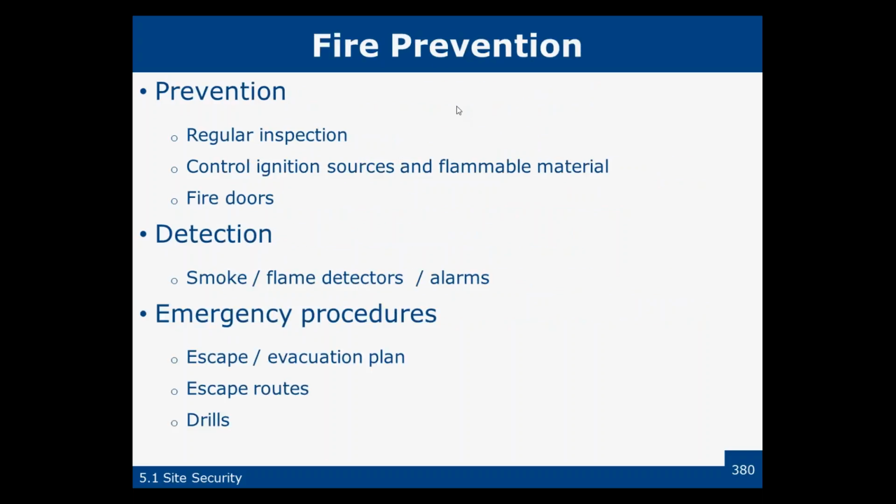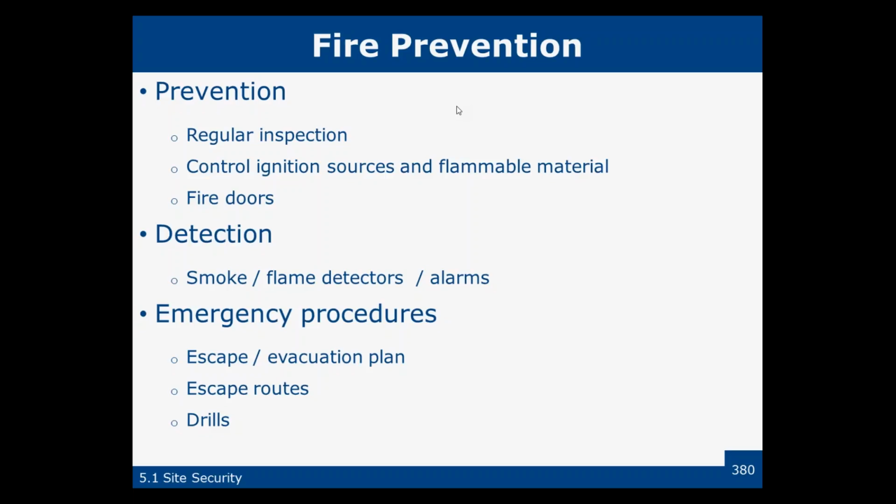Fire prevention: the best thing about fire is to prevent it, not detect it, and not put it out. But regular inspections, and the fire marshal's probably going to come around and inspect an occupied building on a regular basis. So you can do your own inspections, they're going to do their inspections, and they're going to look for fire hazards, obviously.